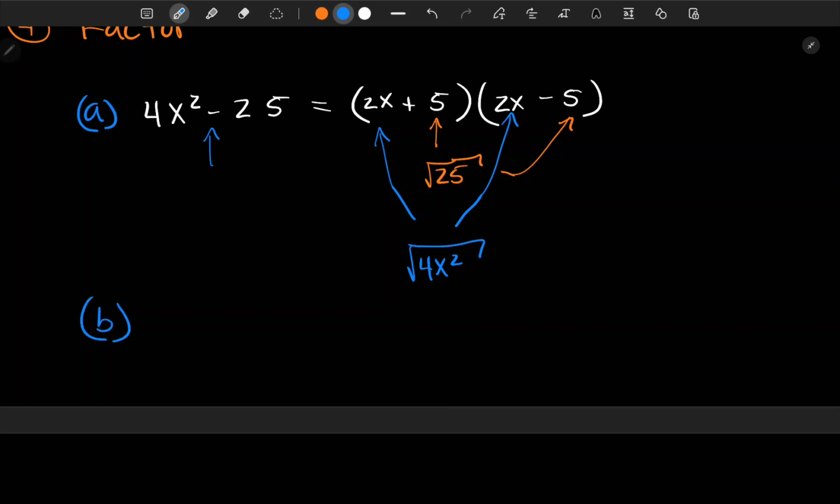Next, suppose we wish to factor 2x squared plus 5x minus 12.